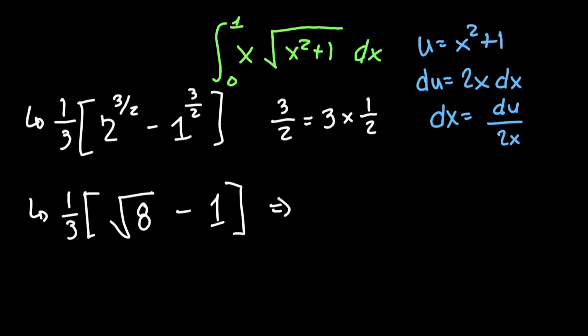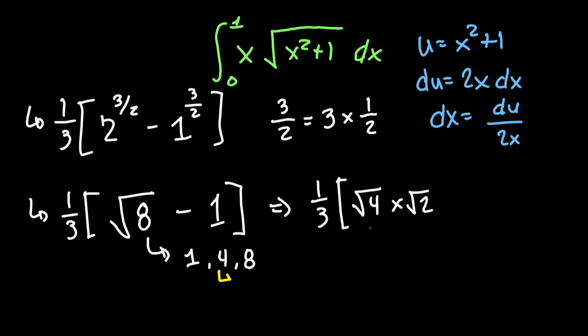And so let us simplify this square root. Let us see the factors of 8. They are 1, 2, 4, and 8. So the greatest square factor here is 4. And so this would be equal to 1/3 multiplied by the square root of 4 multiplied by the square root of 2. Note that this is all equal to the square root of 8, but we just rewrote it like this.